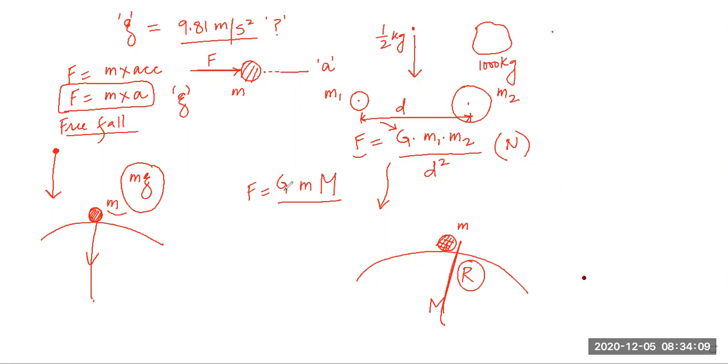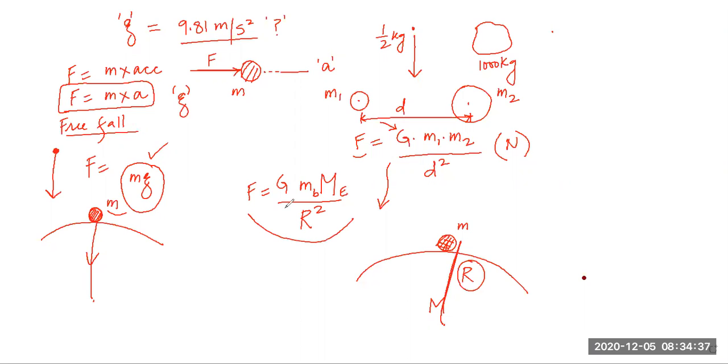So F is GMm divided by r square. R is the radius of the earth, M is the mass of the earth, and small m is the mass of the ball placed on the surface of the earth. So students, these two forces are equal. F is equal to mg, which is given by the second law, and F is equal to GMm divided by r square, which is given by the universal law of gravitation.